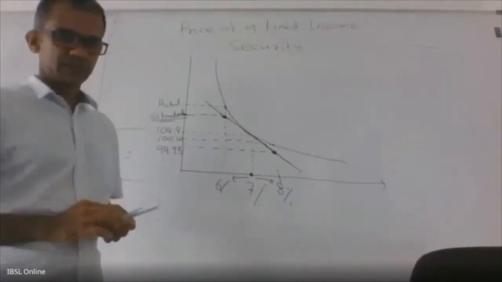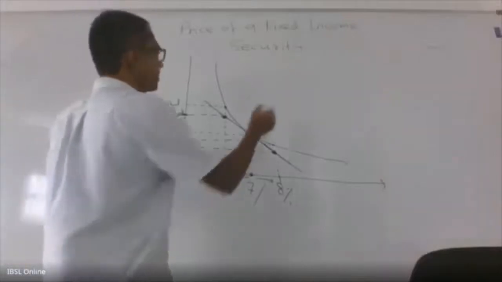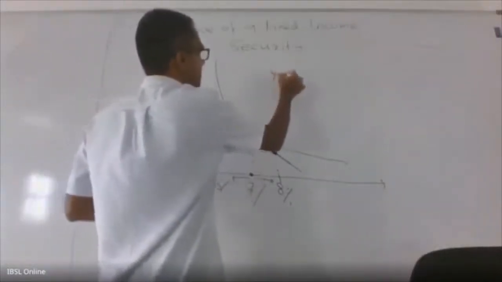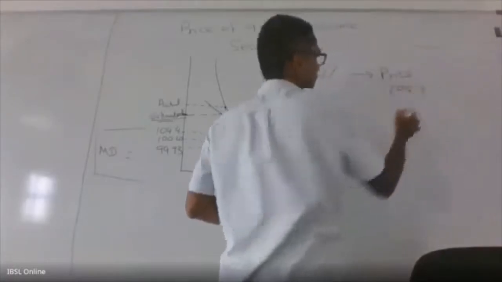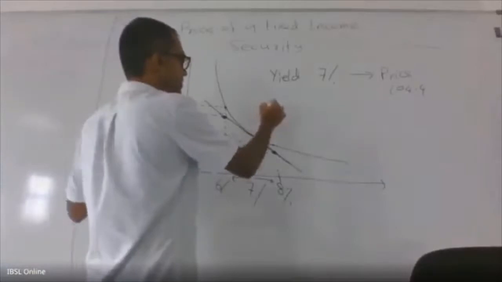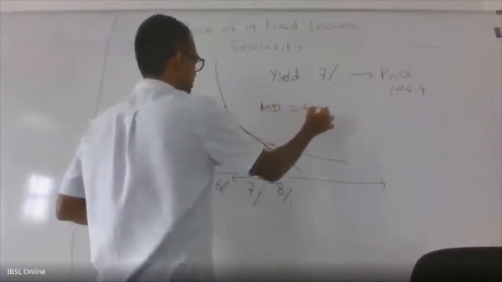Sir, one more thing. Can you explain one more time how we can arrive at the new price using modified duration? Yes. So when the yield is 7%, the price is 104.4, just assume. The modified duration is 4.4 something.